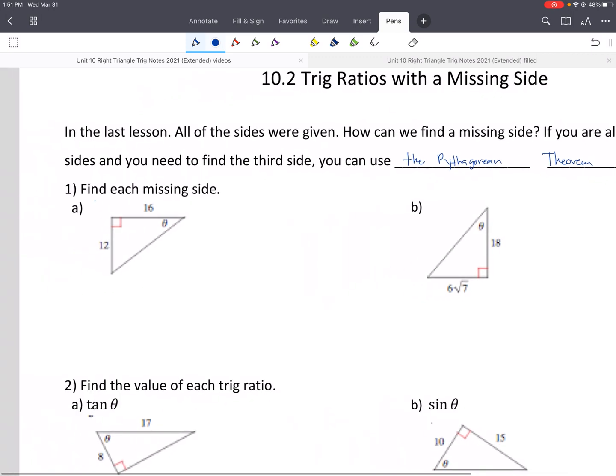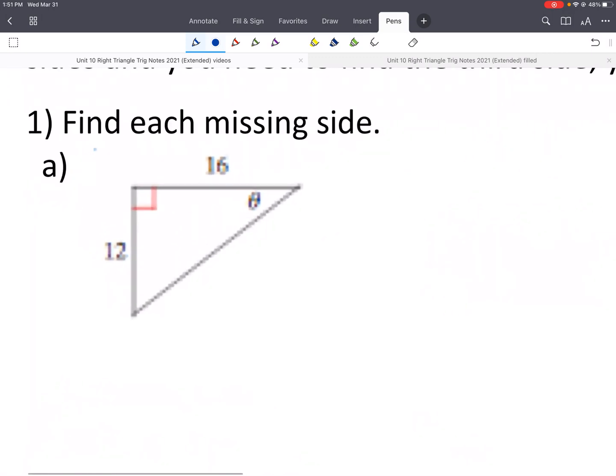Let's do an example together. Let's say this is A and this is B and this is C. We want to find that missing side, so we would use the Pythagorean theorem. 12 squared plus 16 squared is equal to C squared. I would use my calculator. 12 squared is 144. 16 squared is 256.